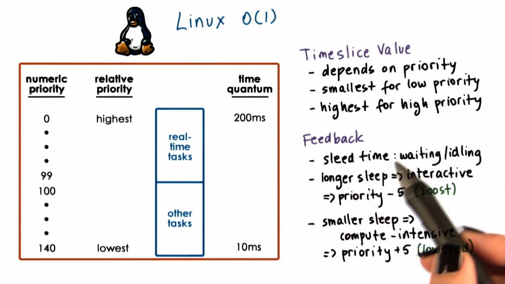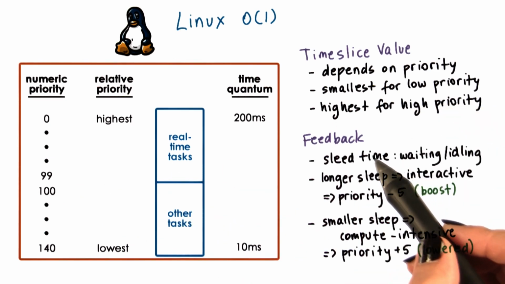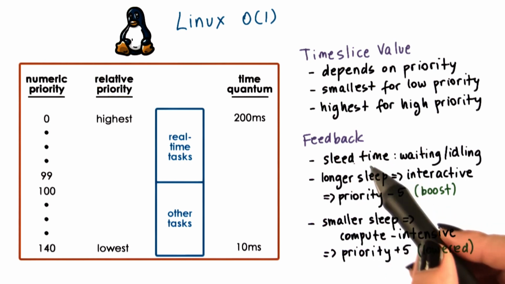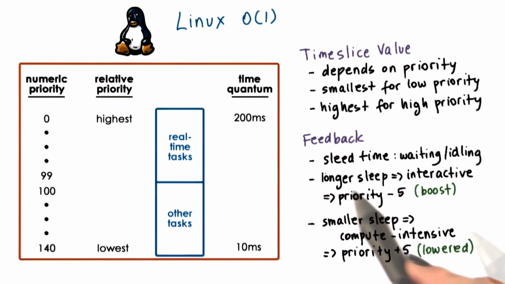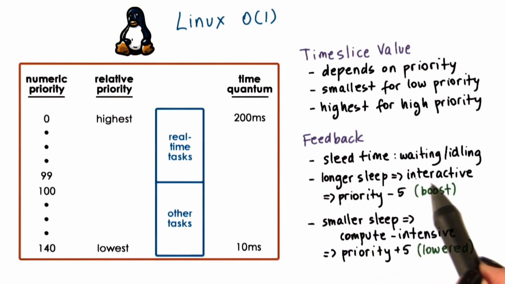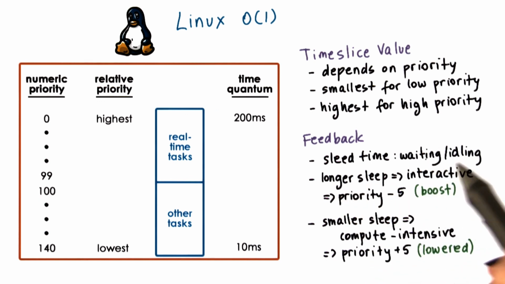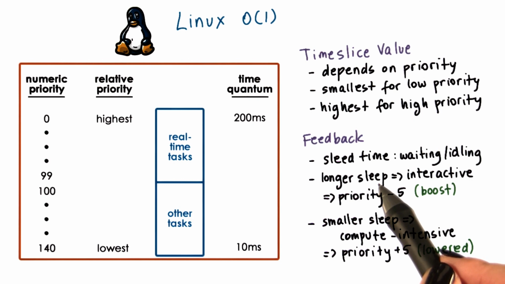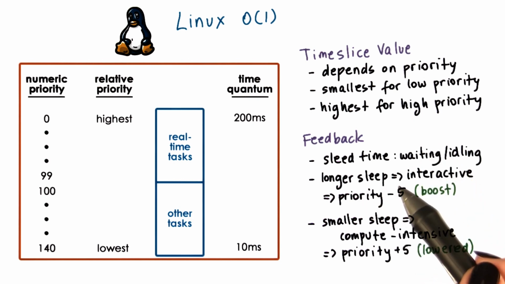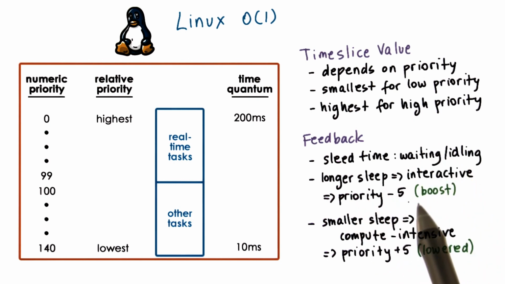The feedback it uses for the time-sharing tasks is based on the time that the task spends sleeping, the time that it was waiting for something or idling. Longer sleep times indicate that the task is interactive. It spent more time waiting, for instance, on user input or on some type of events. Therefore, when longer sleeps are detected, we need to increase the priority of the task, and we do that by subtracting 5 from the priority level of the task.